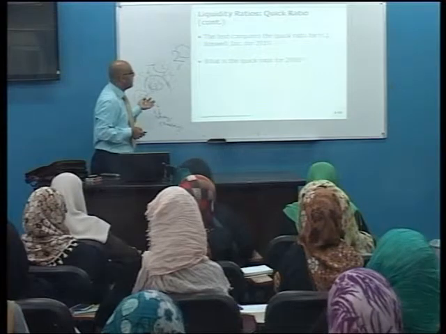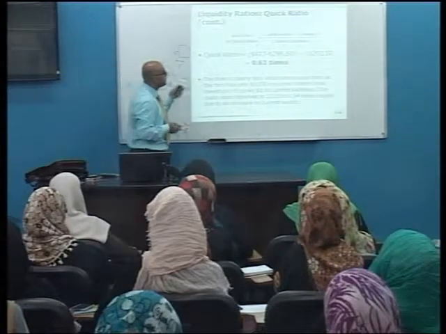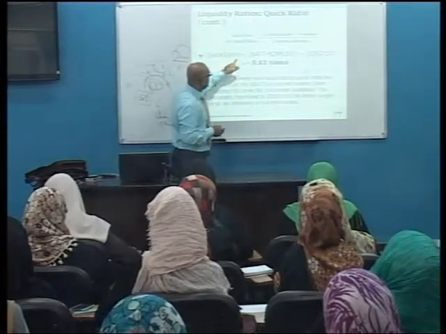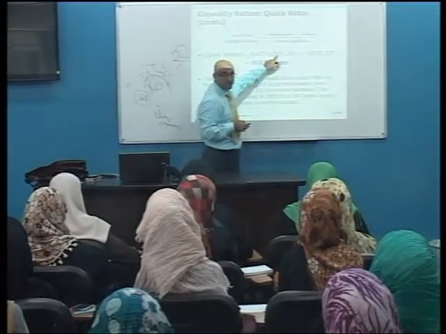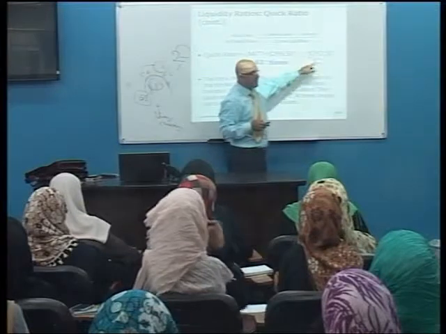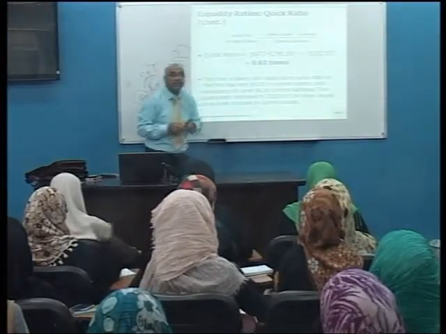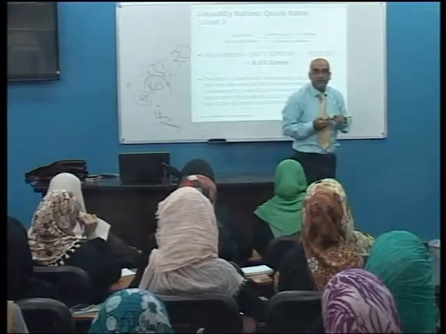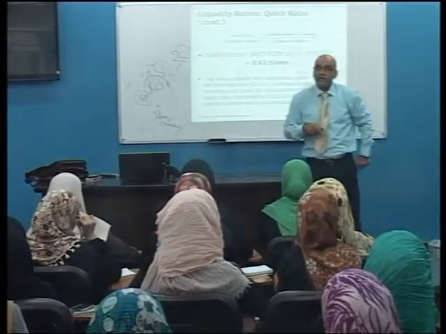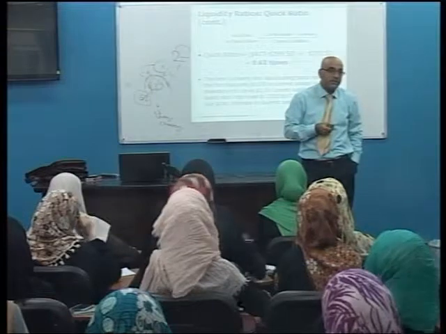See, the picture now will change. So 470 minus inventory, divided by the current liabilities, gives us 0.63. What does it mean? Can we recover the current liabilities now?